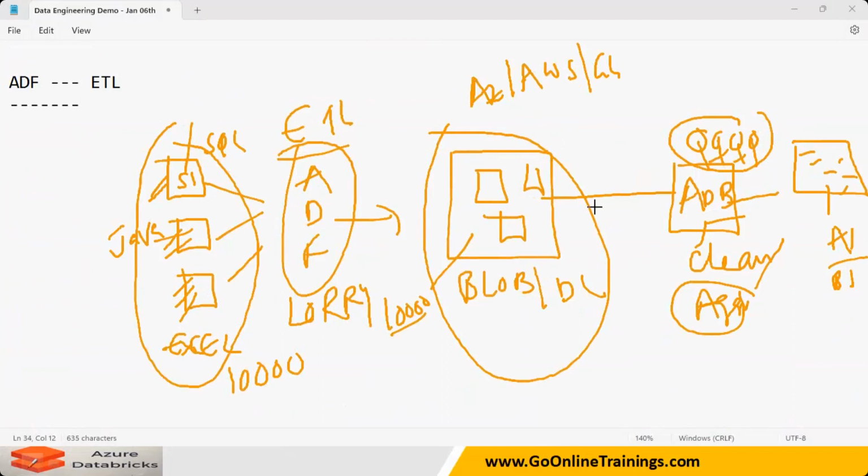Then two activities we need to do. One is called cleaning the data. The second one is called aggregating the data. This activity will be done by ADB. ADB is going to be doing completely labor work. Labor work means cleaning. You need to get tons and tons of potato and clean them properly, right? After that, you need to arrange them.